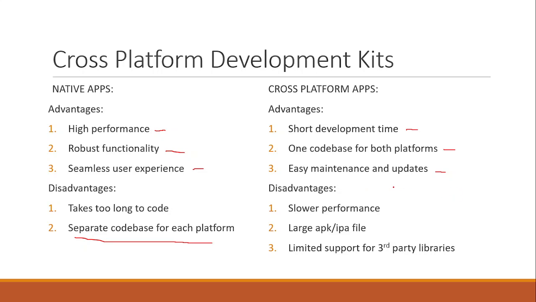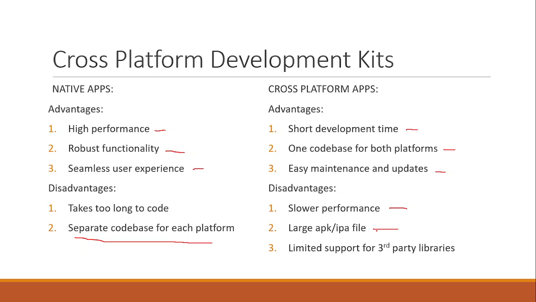So here, ang disadvantage naman sa cross-platform application, so we have slower performance, diba? Kay gamit patas ang bridge, diba? So amo to sa Xamarin kag sa React Native. So may bridge na sila nga ga-interpret sa JavaScript or Xamarin nga codes or C# nga codes into the native nga platform codes. Then here also, ang large APK or large ang APK file. So IPA sa installer for our iOS.